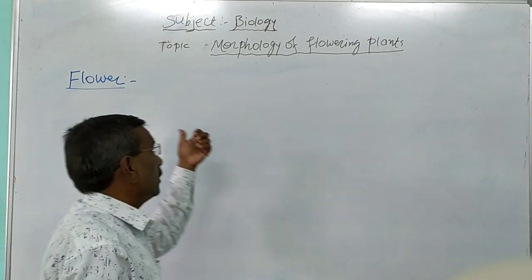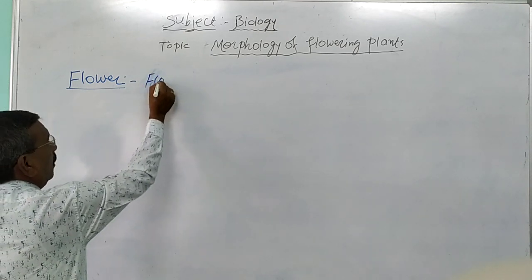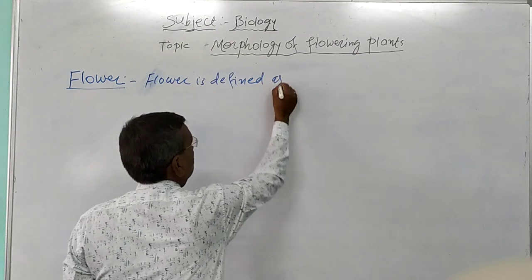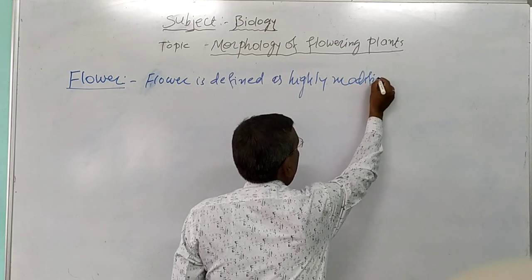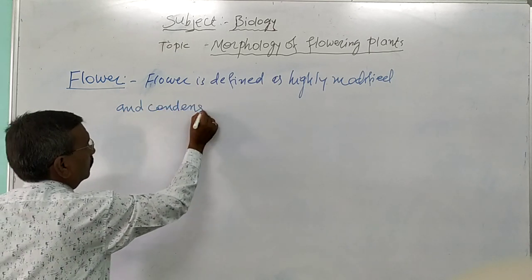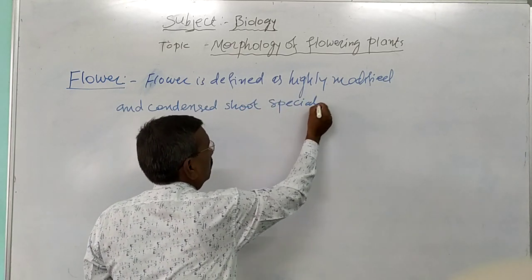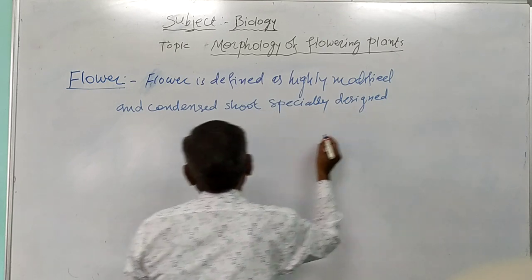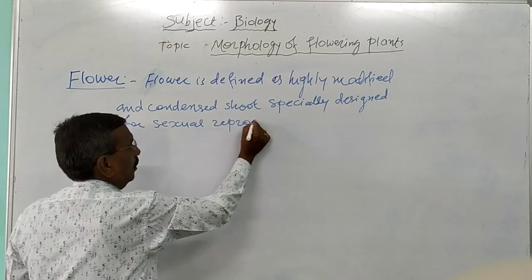Now, morphology, definition of flower. Flower is defined as a highly modified and condensed shoot specially designed for sexual reproduction.